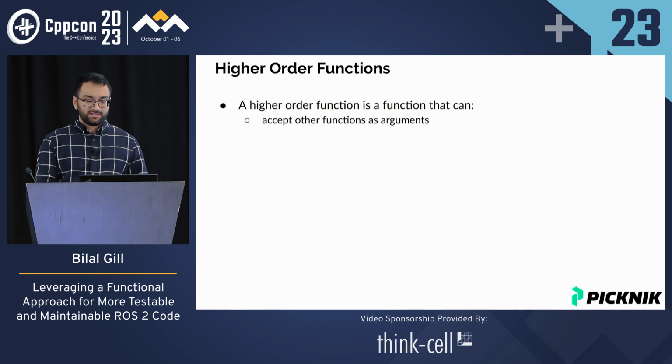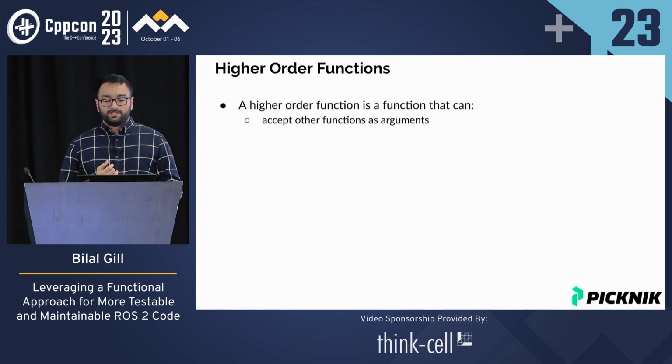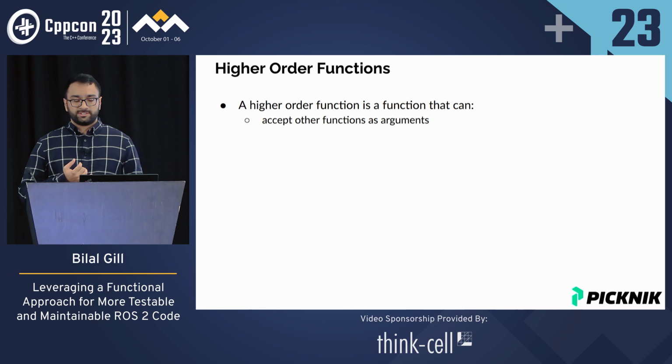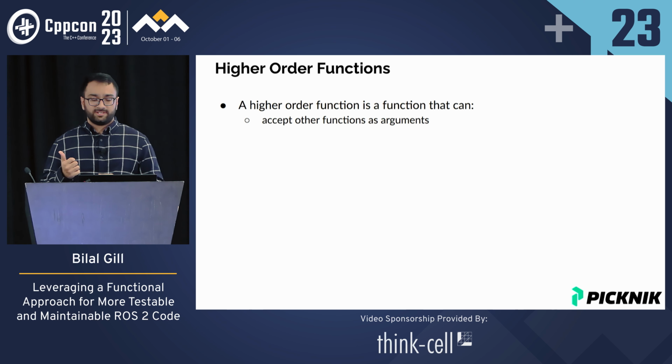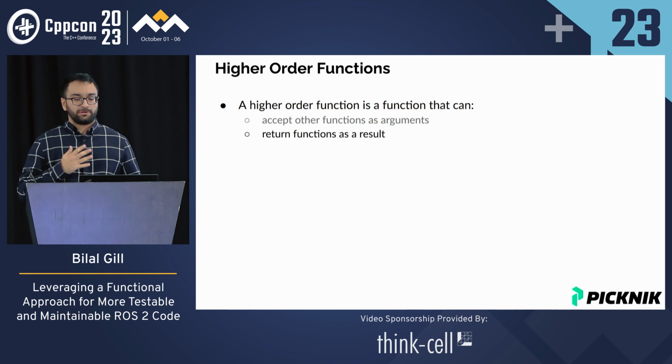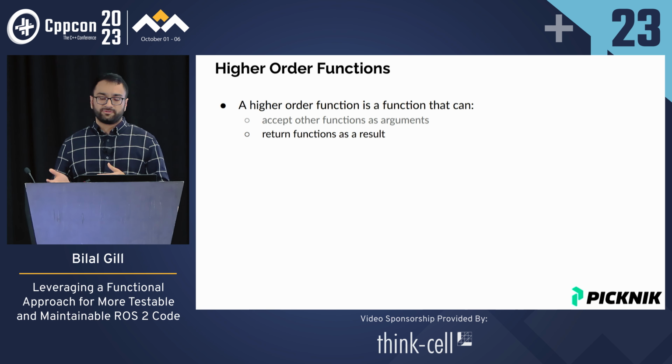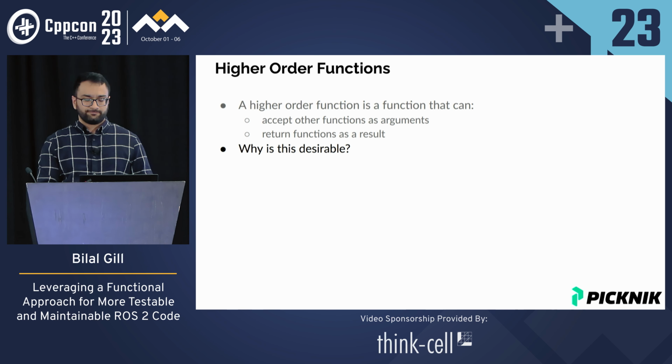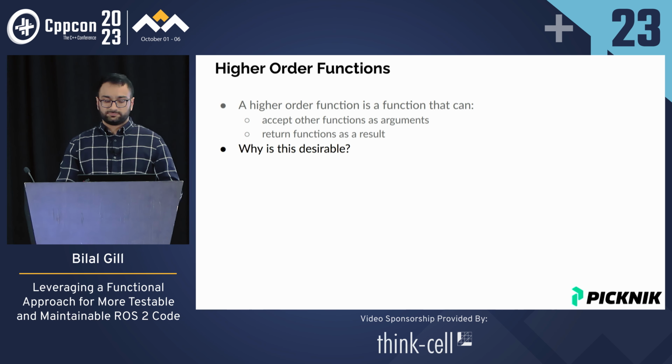So next, I'm going to talk about higher order functions. A higher order function is a function that can, one, accept other functions as arguments, or two, return functions as a result. So just a little bit of clarification, a higher order function can do either, or it can do both of those things. Why is this desirable?